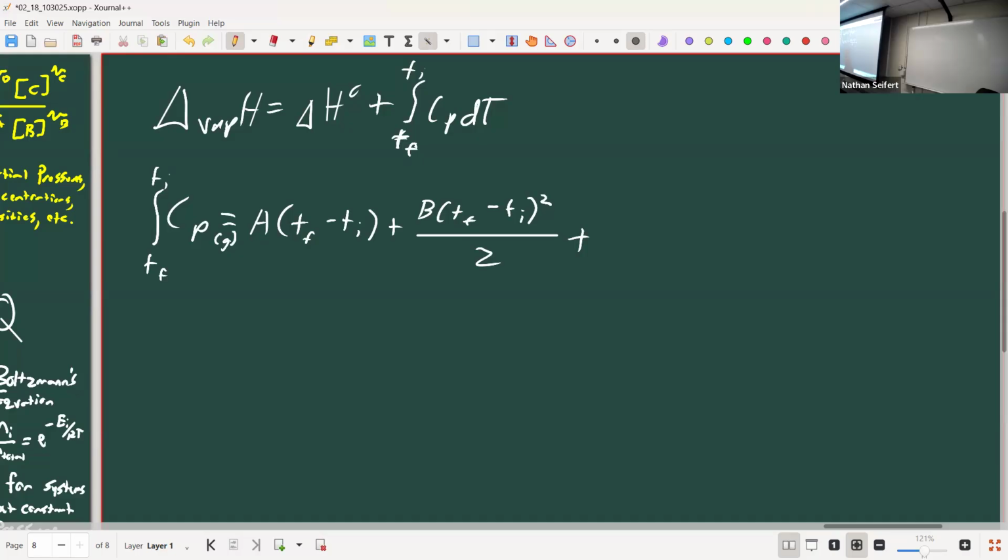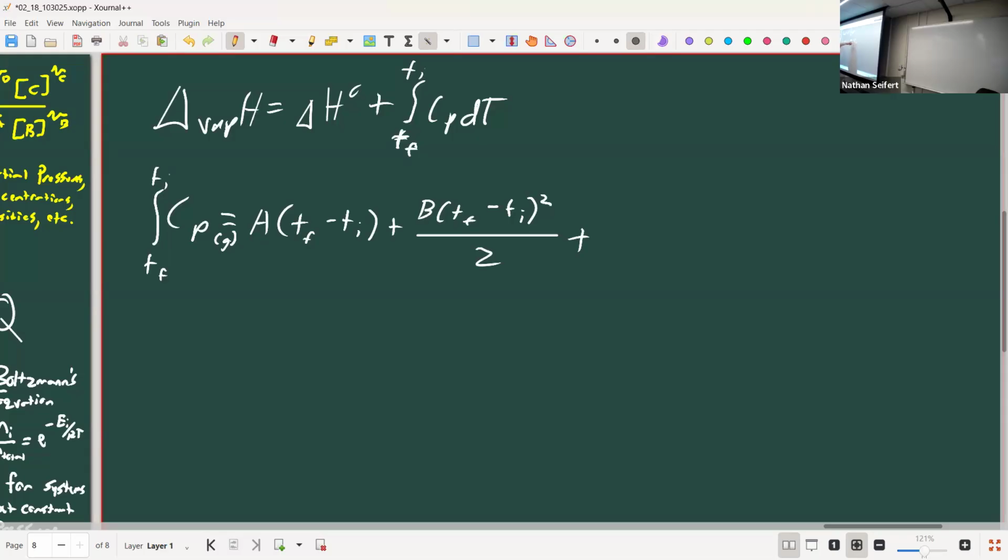I'm going to stop writing here because I can explain my question from here. For one integral, you do one for the gas, one for the liquid. This is how it would be for all of it, temp final, temp initial.